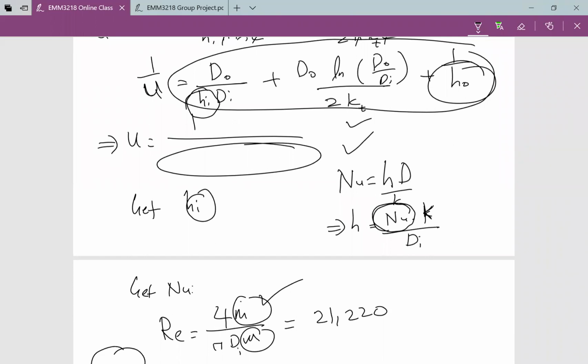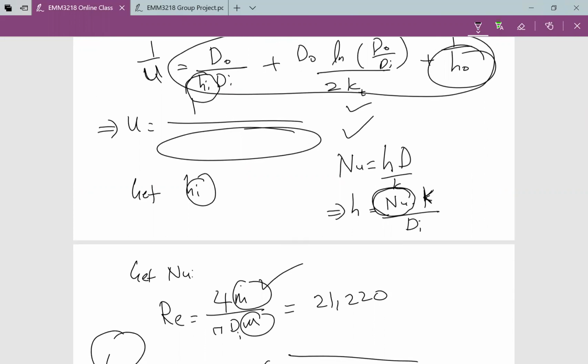So if you have this Reynolds number, what kind of flow is this? Is it laminar? No, turbulent.